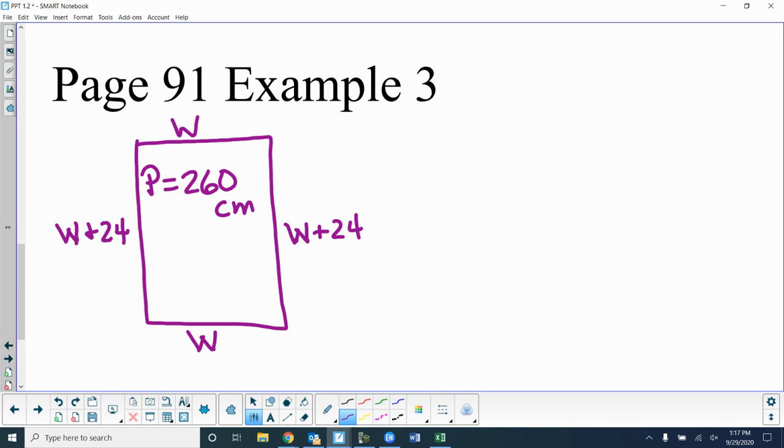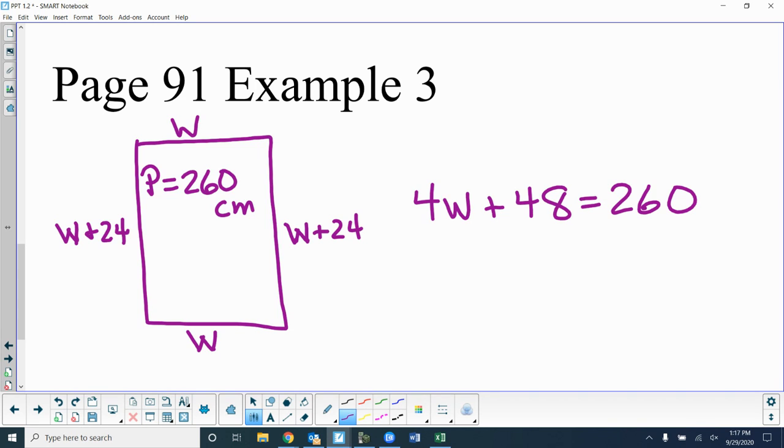So that's what we're going to do. We're going to add up the four sides equals our perimeter. That's all. So W plus W plus W plus W, those are like terms. It's 4W. 24 plus 24 are like terms. That's 48. Equals our perimeter of 260. So there's our equation for this problem. Does that make sense?